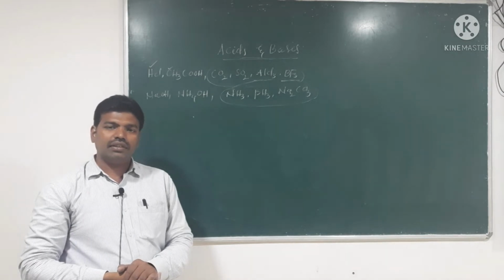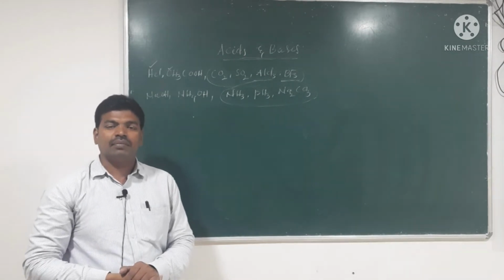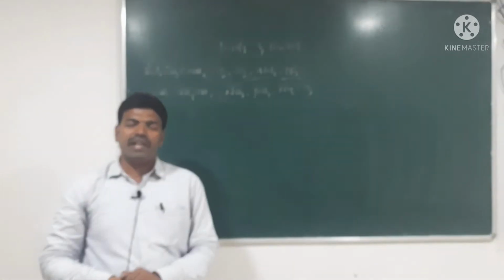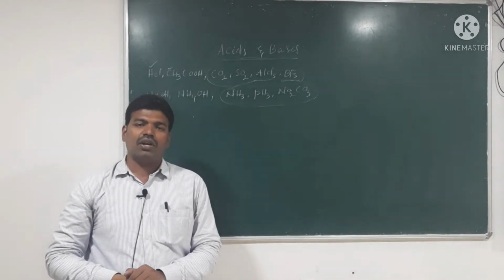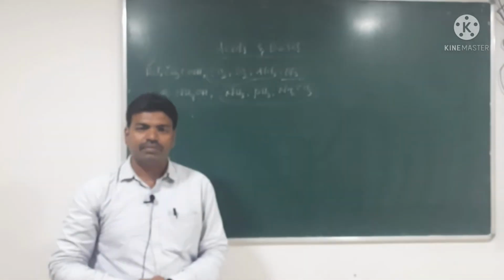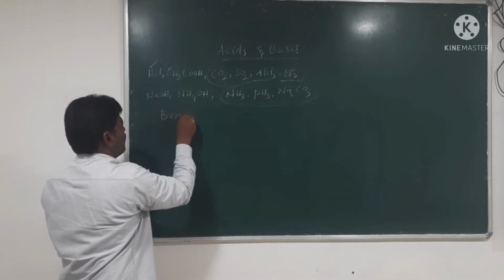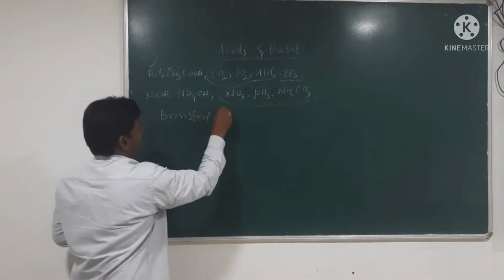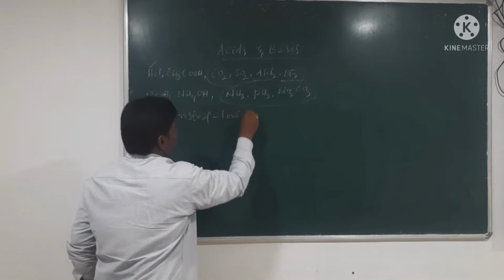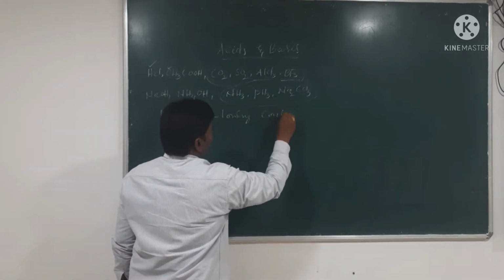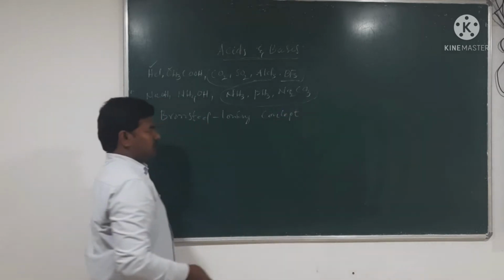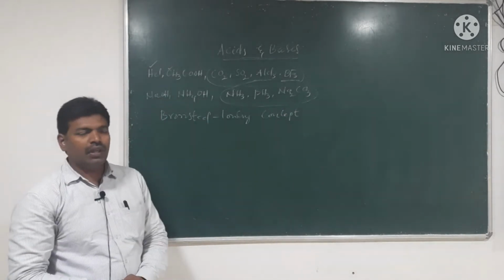Next, after these limitations, the Bronsted-Lowry theory of acids and bases came forward to explain the acid-base concept. Bronsted-Lowry concept.